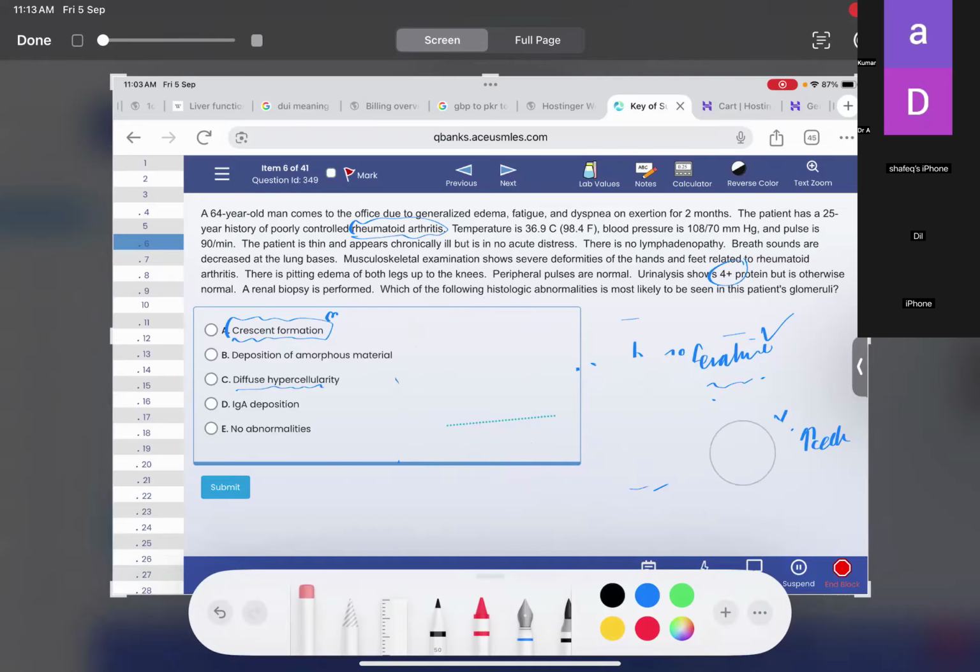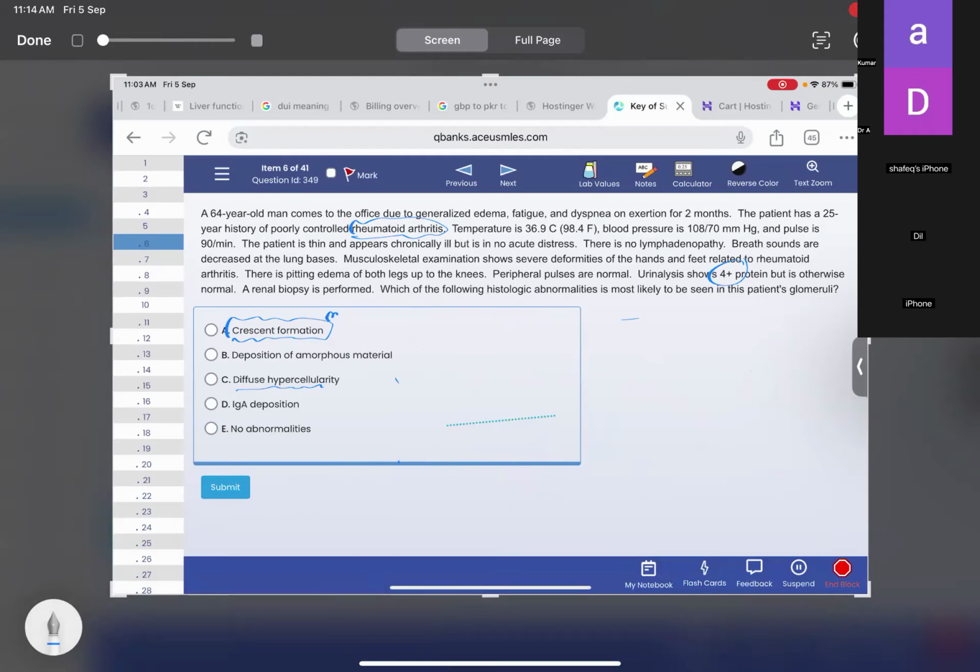So what does IgA deposition do? In Berger's disease, nephritic syndrome. So we have PSGN, post-streptococcal glomerulonephritis, and Berger's IgA. What's the difference between these? Both of these are after infection.